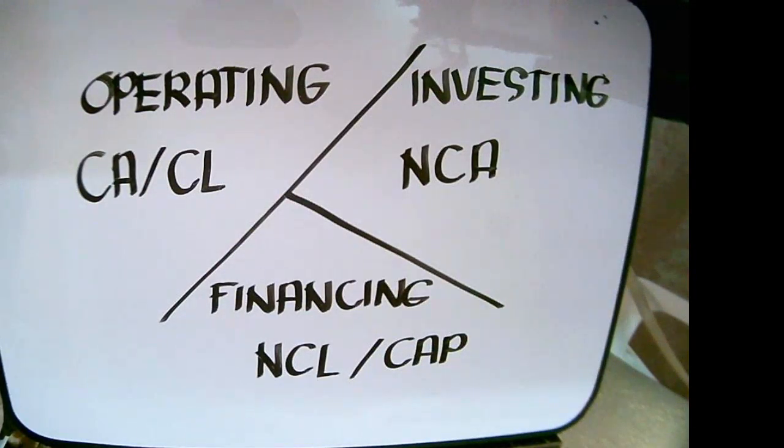Kasi kung hindi naman tayo gumamit ng cash, hindi siya makikita dito kasi nga statement of cash flows yung gagawin natin. So, again, kapag nag-purchase, hindi lang nag-purchase, kapag ibinenta natin yung ating PPE or yung ating non-current assets, again, that is under investing activities.